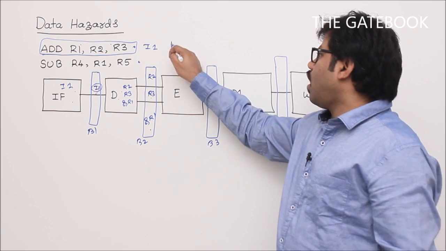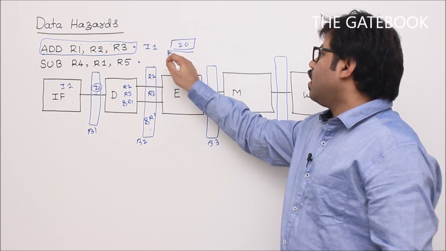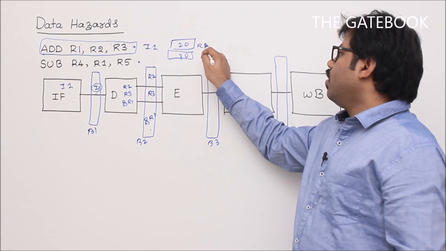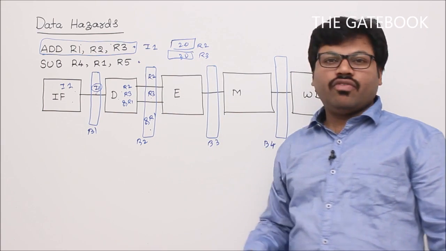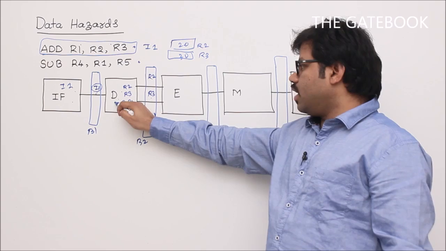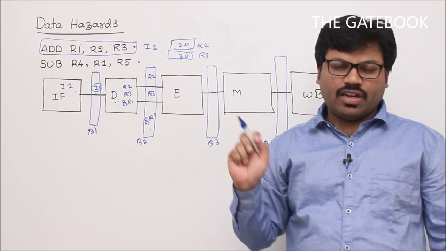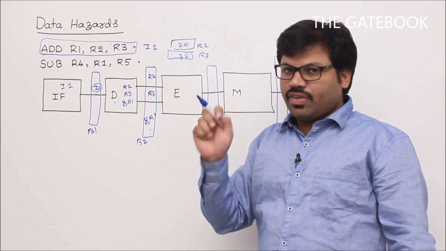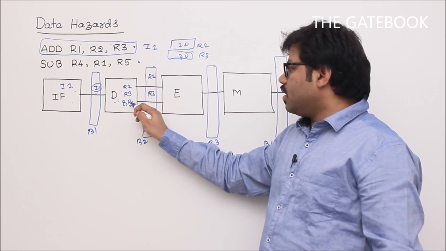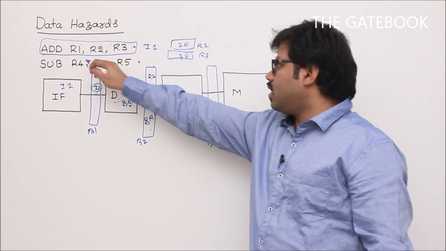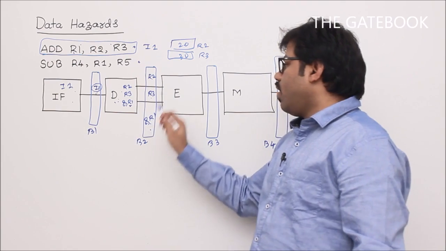For example, let's say R2 content is 20 and R3 content is 30. Then we will be forwarding value 20 and value 30, which we read in this decode stage from the register file. Did you remember? In the register file we have R2 and R3; we read them and take the values. Apart from that, the R1 address mentioned in the instruction will be forwarded.